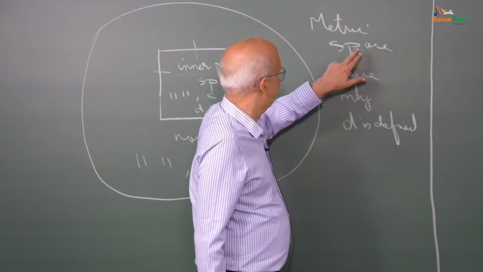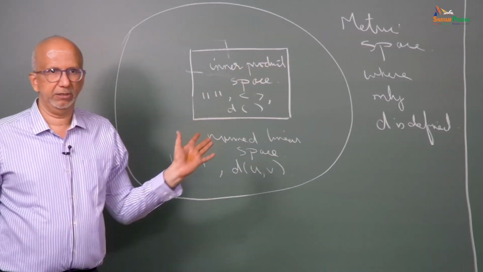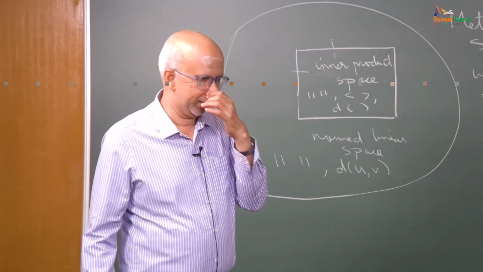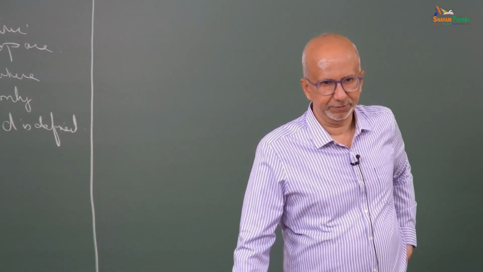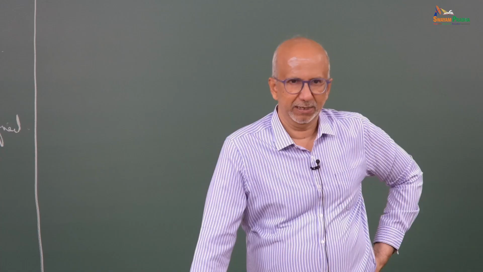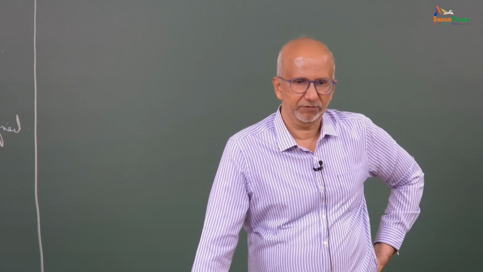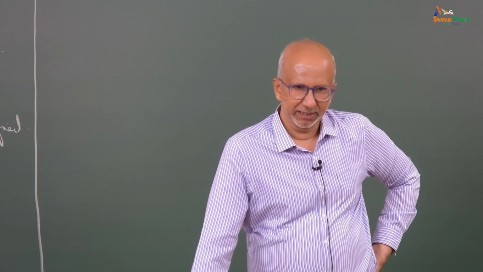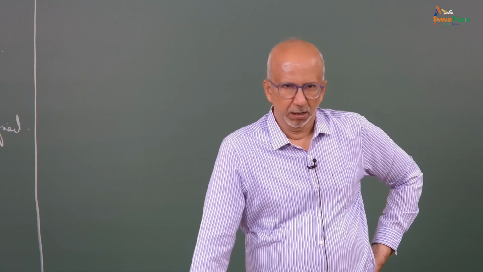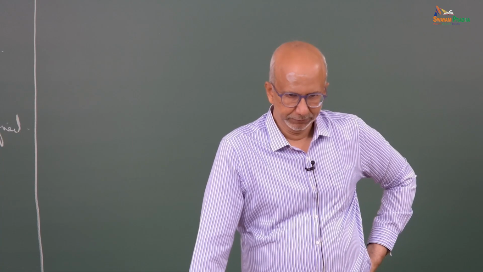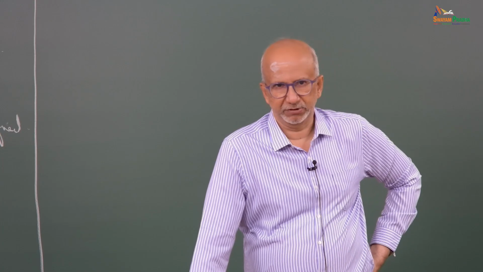And a metric space does not have to have a definition of norm. So, it is not necessary that the metric space has an inner product or norm defined. Okay. So, basically that is the kind of hierarchy you need to have. If an inner product is defined, everything else is defined, norm and metric. If a metric alone is there, it is not guaranteed that you have a norm or inner product. If a norm is defined, metric is defined.